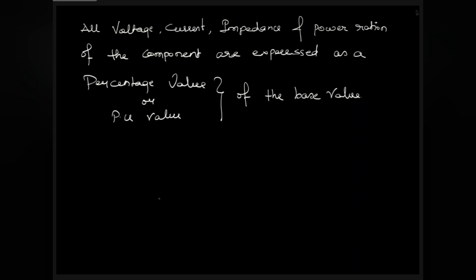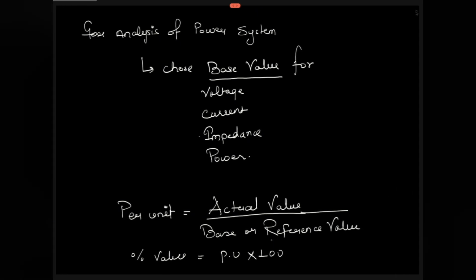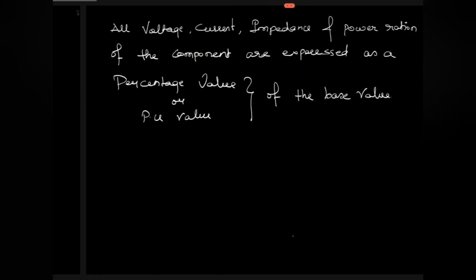And how to calculate this per unit value? It is a ratio of actual value divided by base or reference value.